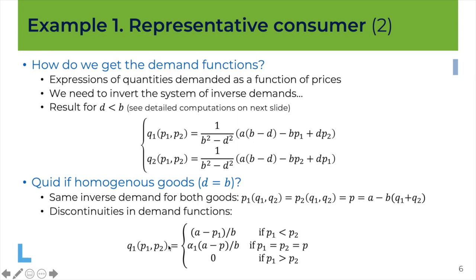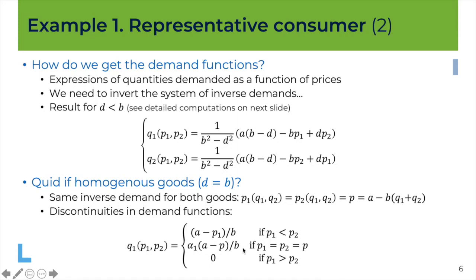Okay. At the other extreme, if good 1 is less expensive than good 2, then it's going to have the whole demand. Okay, and the demand at price P1 is (A minus P1) divided by B. Okay, so you see the inverse demand function is here. Now, there is an intermediary case where the price of the two goods would be exactly the same.